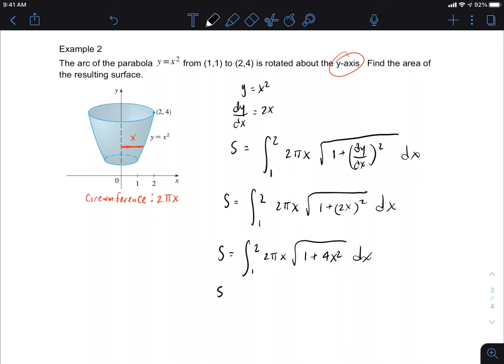I'm going to pull out my 2 pi. And the technique for integrating this would be what? Anybody?